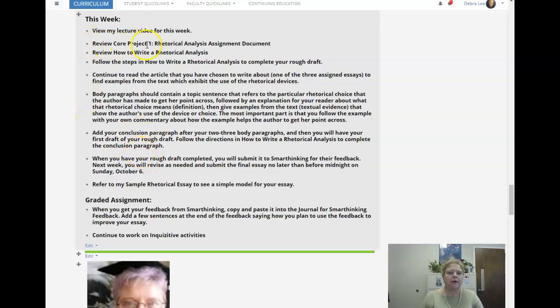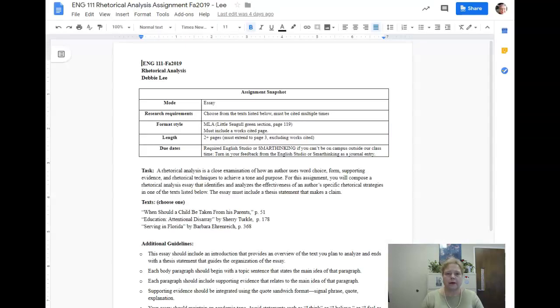Review Core Project 1, the Rhetorical Analysis Assignment Document. We have looked at this a couple of times already, and I have supplied it for you on the Moodle page again, so it's the same one. You're choosing one of these three assigned essays to write about. You're looking for rhetorical devices or choices that the author has made to get her point across.